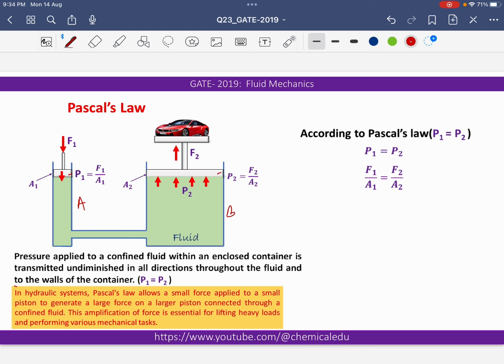The mathematical representation of Pascal's law helps in determining the pressure which can be exerted on the fluid in the piston, so it creates enough force for lifting and moving an object.